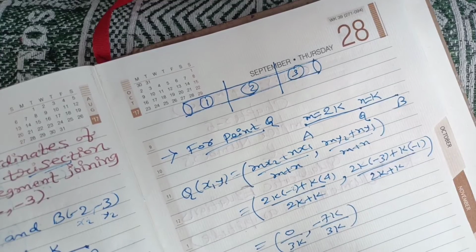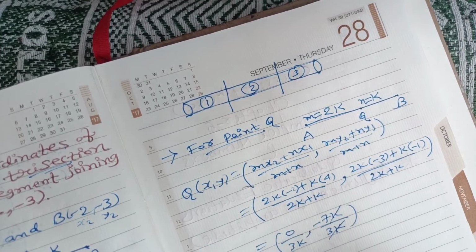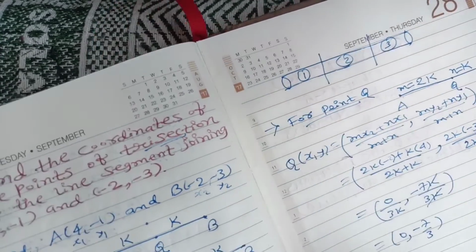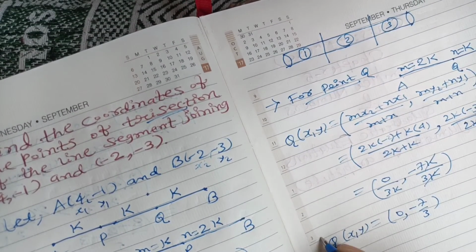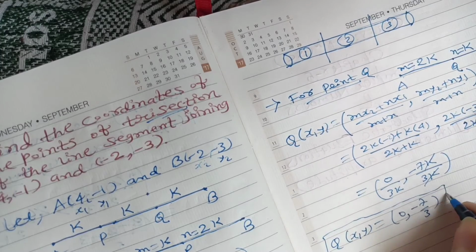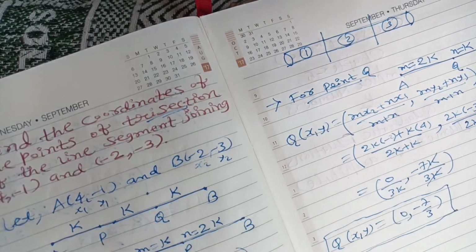So 0 upon any number gives 0, comma, K cancels out, so we get -7 by 3. So the coordinate of Q is (0, -7/3).